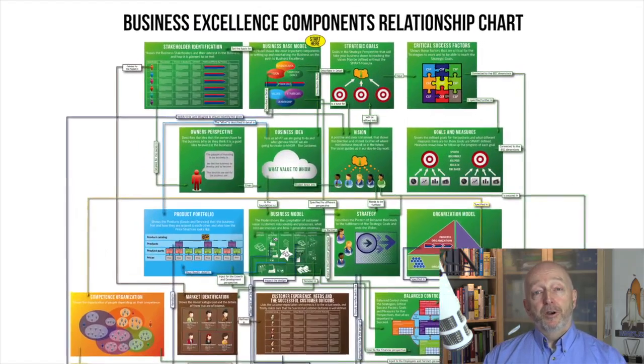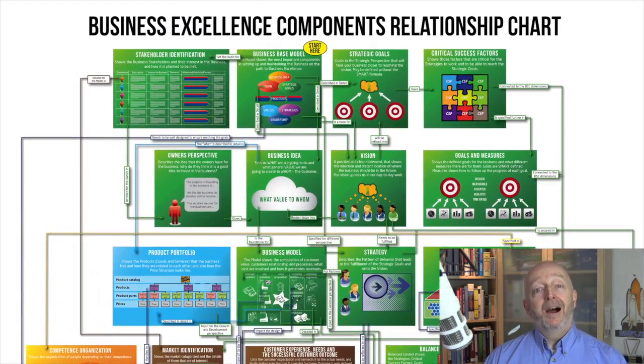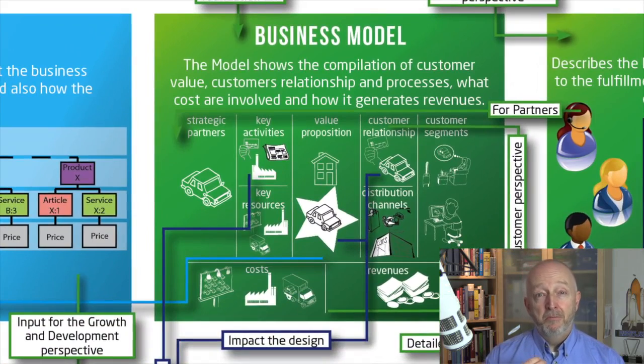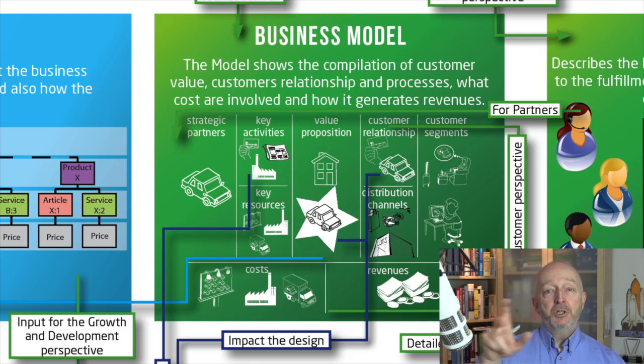We have then for a couple of videos been looking at a higher level of these components, and I think it was 2 videos ago we dived into the business model where I talked about these different 9 components that we have within the business model, and that the business model components connect to a lot of the other components.